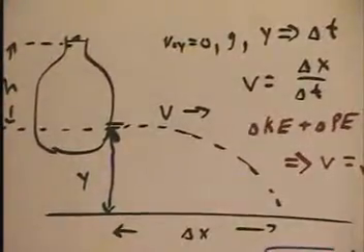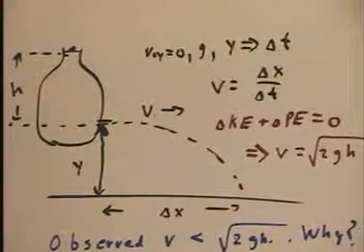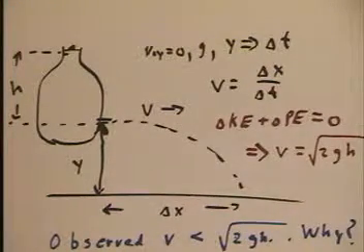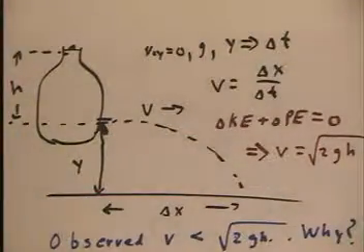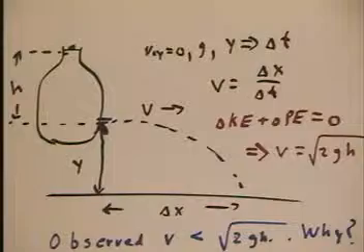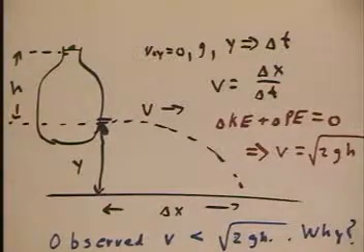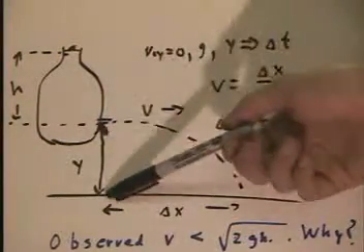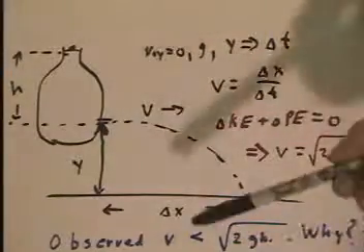Now, when we do the experiment and we let the water exit the hole, the analysis of the experiment is this: the water's at depth h, and the hole is distance y above some level surface. We let the water flow out as a projectile.